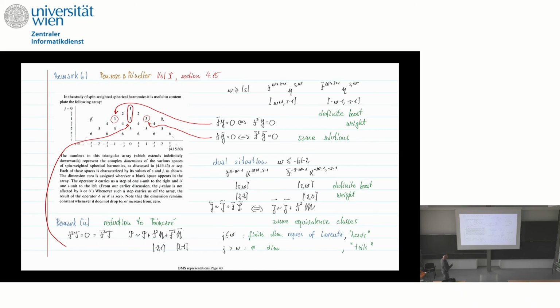Then you have a very short discussion of the Gelfand-Naimark representation theory in terms of spin-weighted spherical harmonics in Penrose and Rindler, in terms of this diagram here. So what is he telling you? He is telling you that you can expand the supertranslation like that. This is the dimensions of the spaces when you look at what happens with the rotation angular momentum.